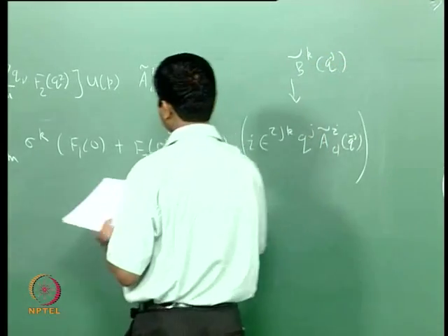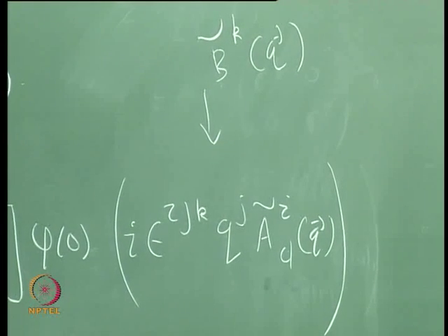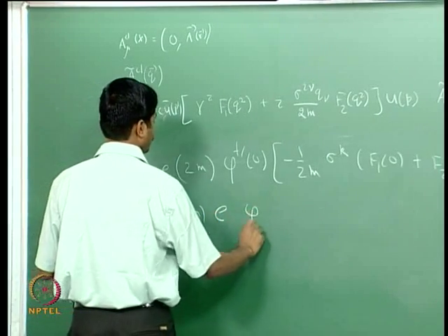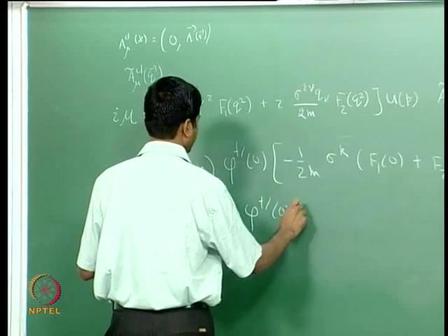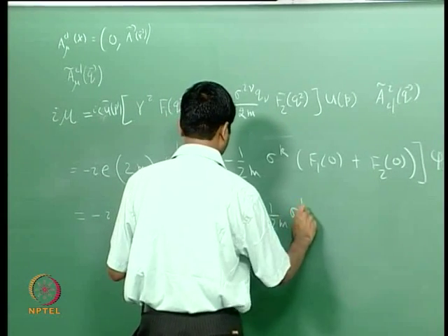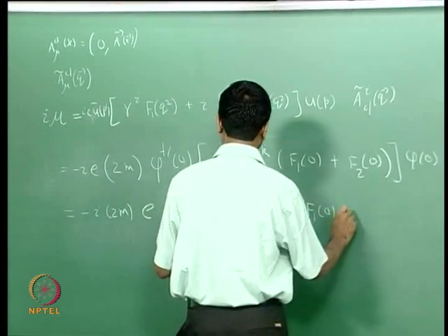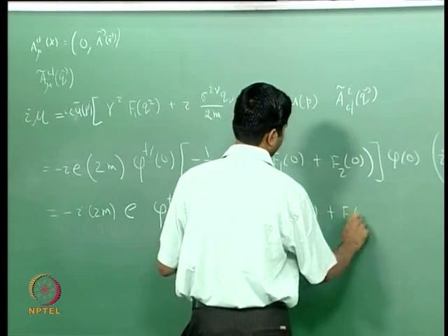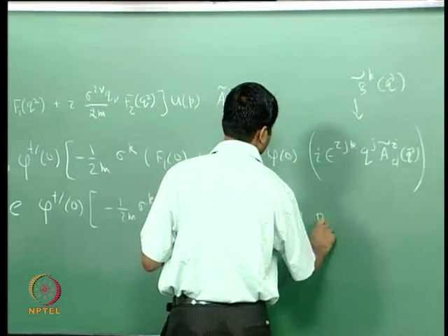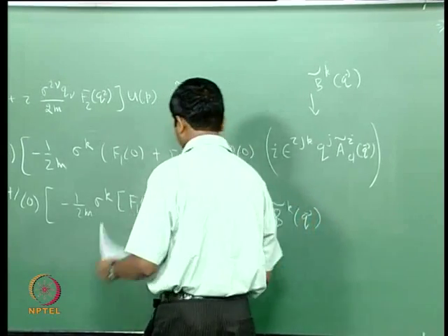So I will substitute it here, then the Feynman amplitude is minus i 2m E times phi dagger prime of 0 minus 1 over 2m sigma k, f10 plus f20, phi of 0 B tilde k of q.